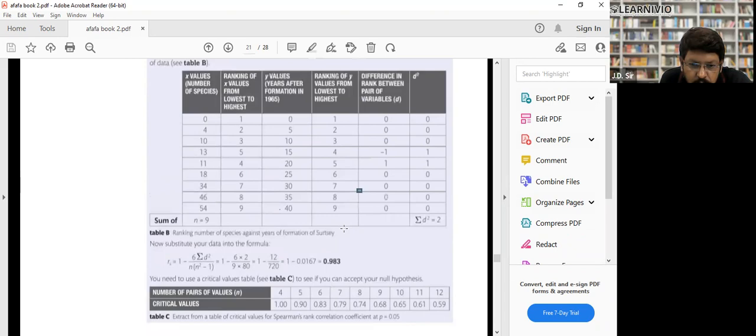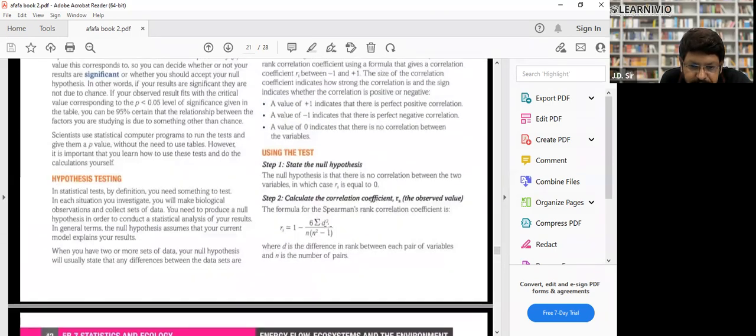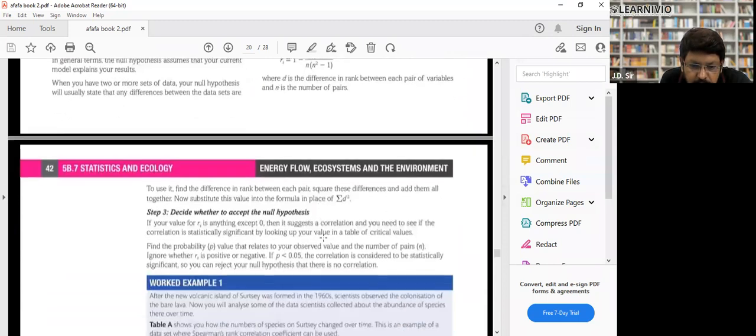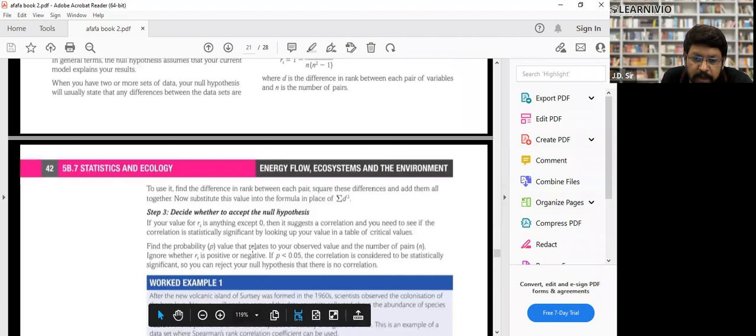Now what we studied, we have to go back. So this is d square. In last class we studied: find the probability of the value related with your observation value in the pairs, ignoring whether R is positive or negative. If the value is less than 0.05, the correlation is considered to be statistically significant. So you can reject your null hypothesis that there is no correlation.